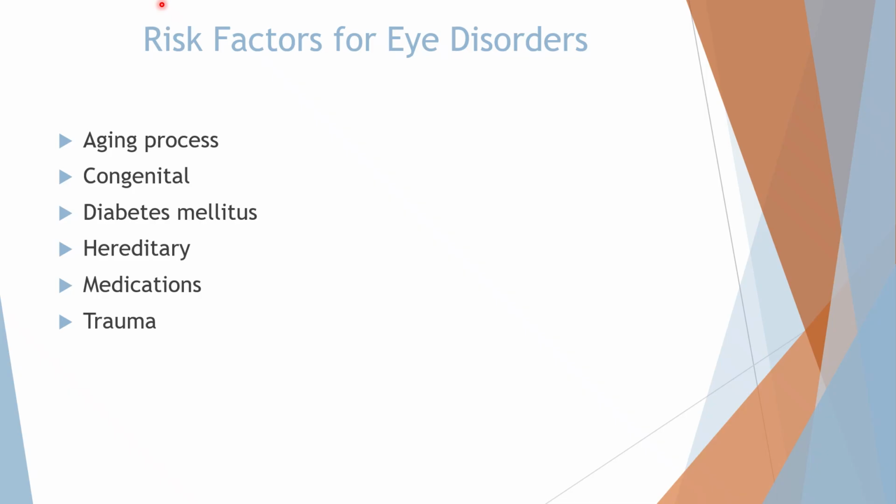We have congenital risk factors, maybe something that we were born with. We have diabetes, which can be a factor in changes in vision if it's poorly controlled or not managed. That eye itself can have issues.